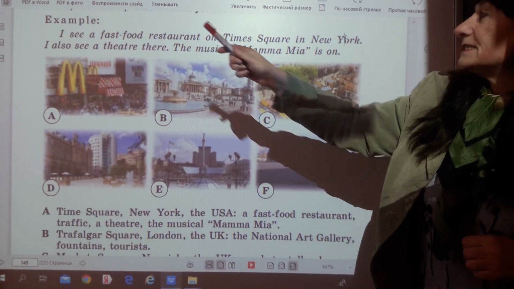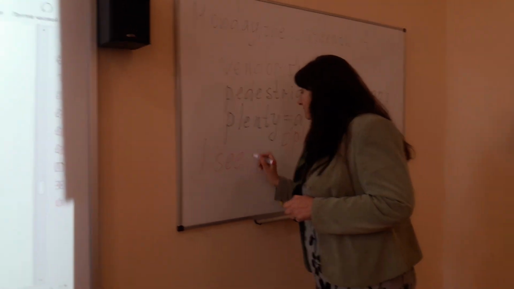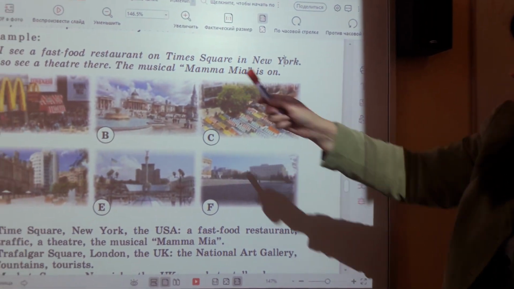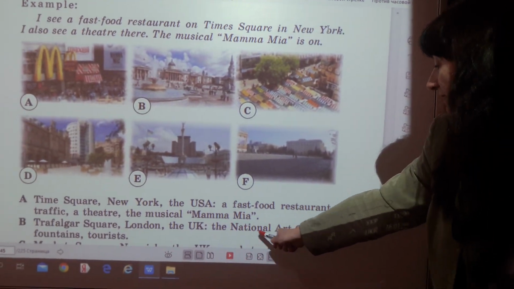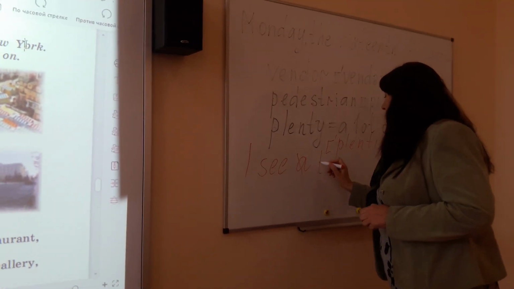So, I see... What do we see in that picture? What can we say? We can see the National Art Gallery.